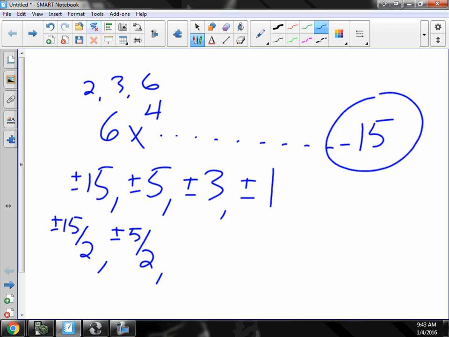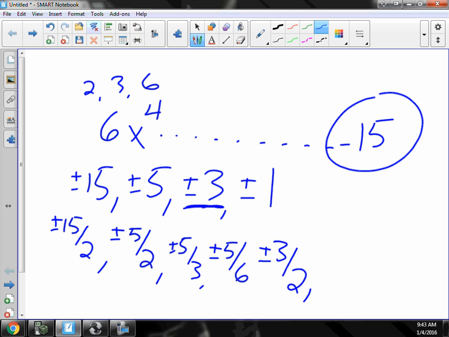Do I need to divide 5 by 2? Nope, I already have it. So 5/3, plus or minus 5/6. Then we move on to 3 over 2, plus or minus 3 over 2. 3 over 3 is 1, we already have that. 3 over 6 simplifies to be 1/2.